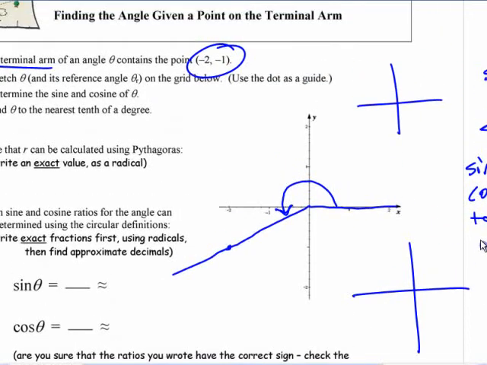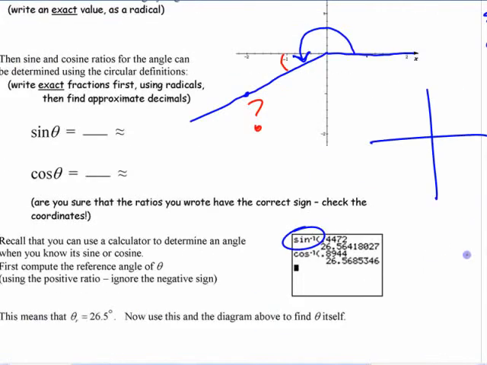So if we want to work backwards now and we look at what the trig ratios are here, the button isn't going to give you that angle directly. But what you do is you just pretend that you're using this angle and then use it to find the actual angle. Okay? If you want to find the angle here, write an equation for the ratio that goes with that angle.